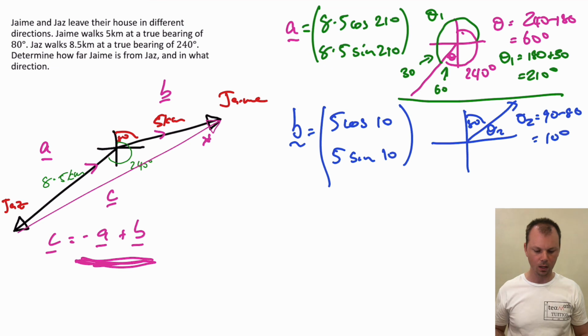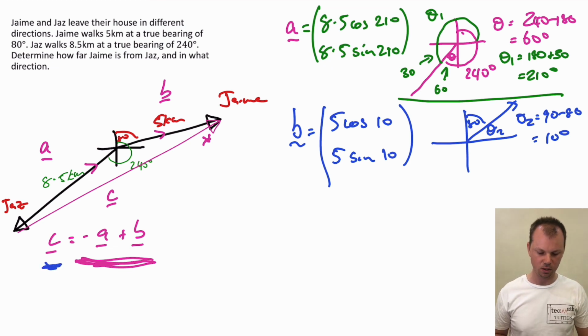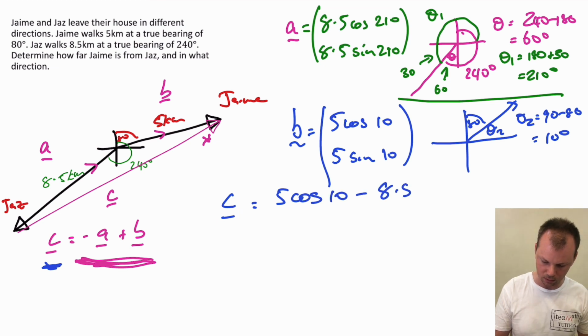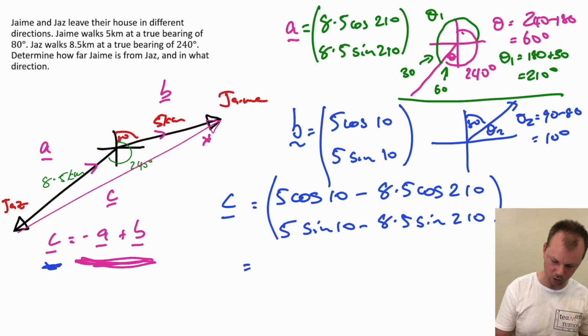Okay, so now we need to determine our vector C. So C is negative A plus B, or B minus A. So C equals 5 cos 10 minus, okay, we can work out what that is.